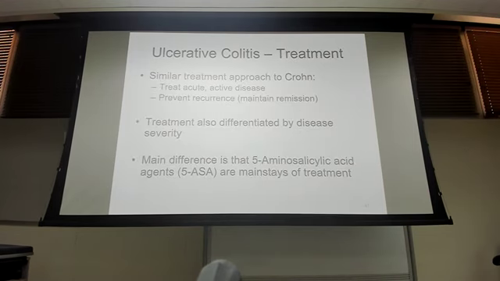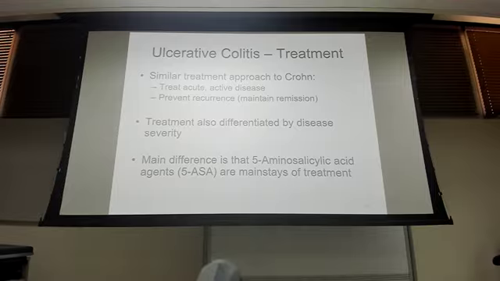Treatment, similar to Crohn's. We're going to treat the acute active disease, and then we're going to try to get them into remission, maintain it, and prevent recurrence. Treatment can differ based on severity. Once again, we induce remission, and then maintain it.